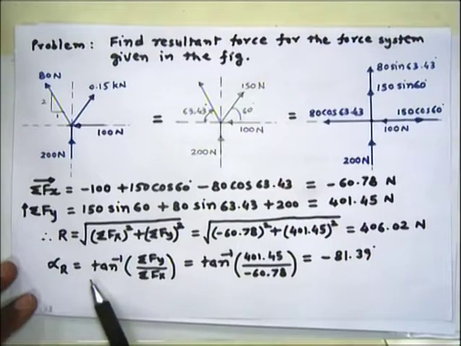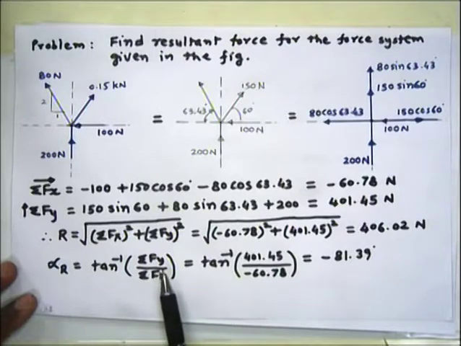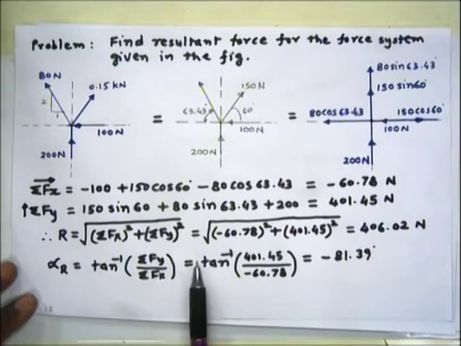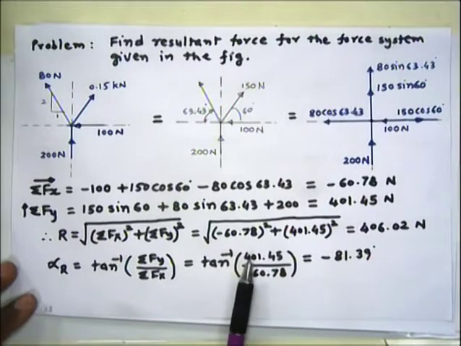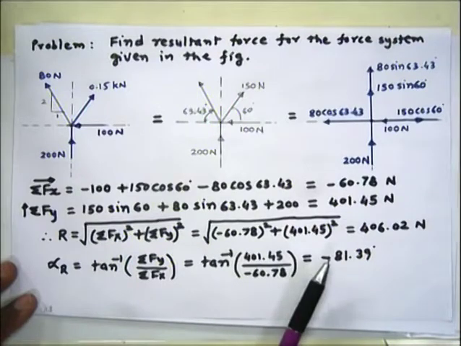Then the angle of the resultant force, alpha R, is given by tan inverse of sigma Fy by sigma Fx. Mind well, this will give you the angle of the resultant with the x-axis. So tan inverse of sigma Fy, that is 401.45, divided by sigma Fx, that is minus 60.78, will give you the value minus 81.39.